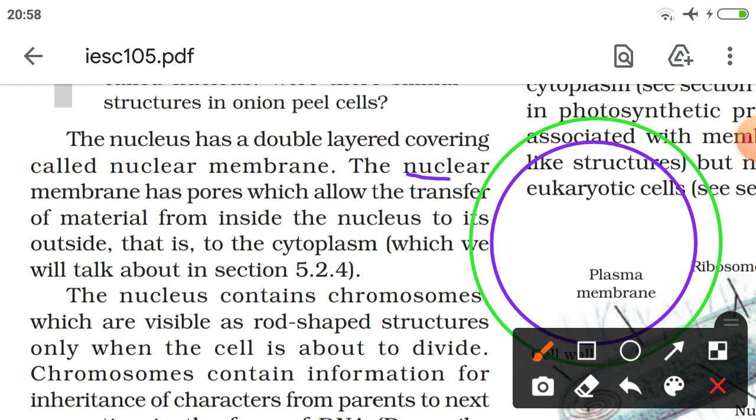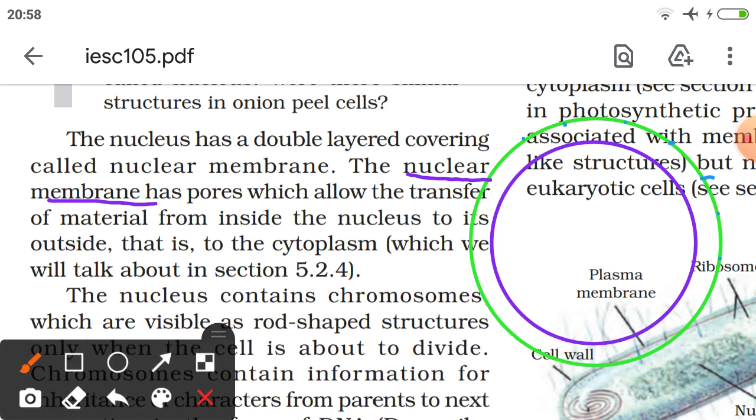So I am highlighting it here, nuclear membrane. And these nuclear membranes have small pores on them, by which substances can pass from the nucleus to the outside, and from outside come inside the nucleus.